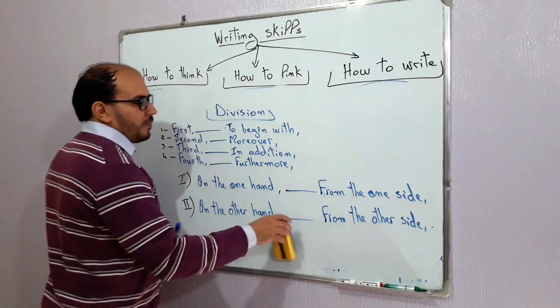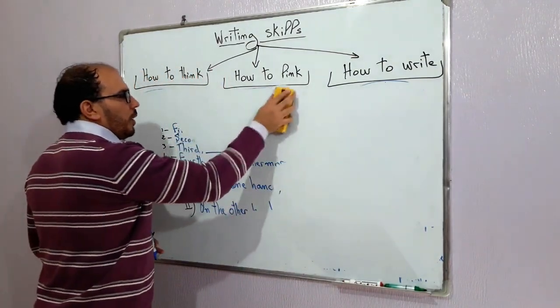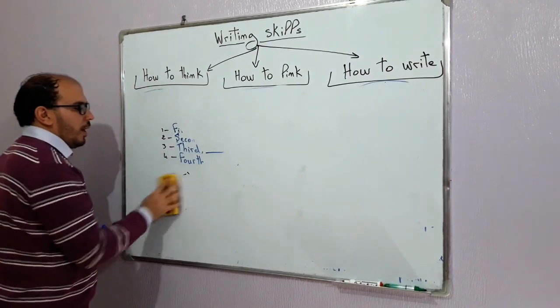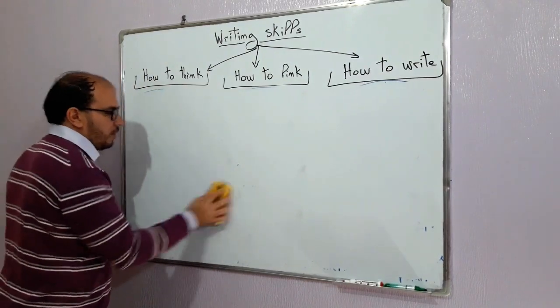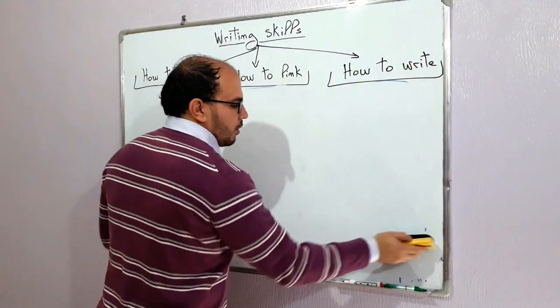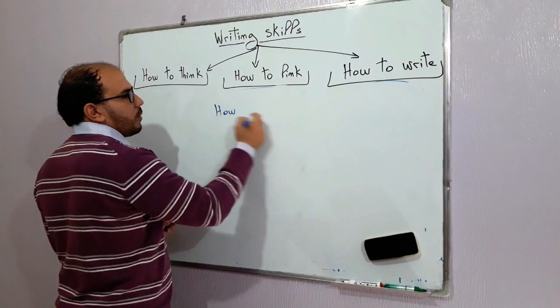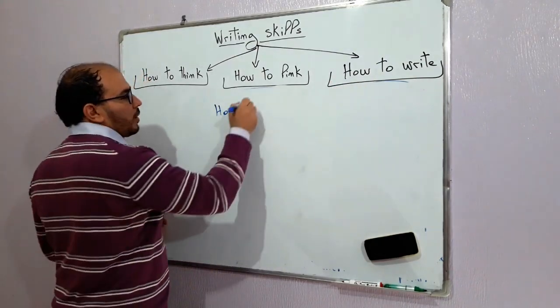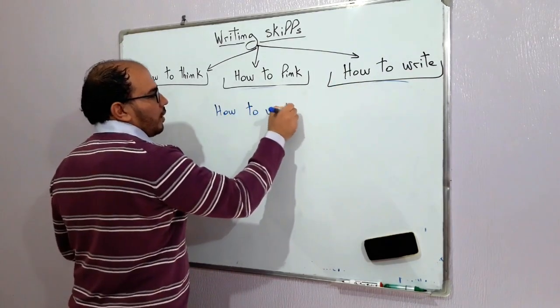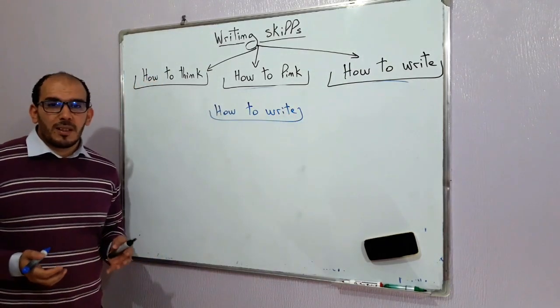Now let's move to the third pillar, that is how to write. When I speak about how to write, in this case, as I said, we are talking about text structure.